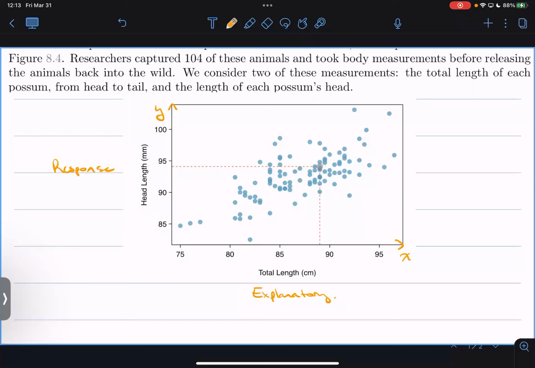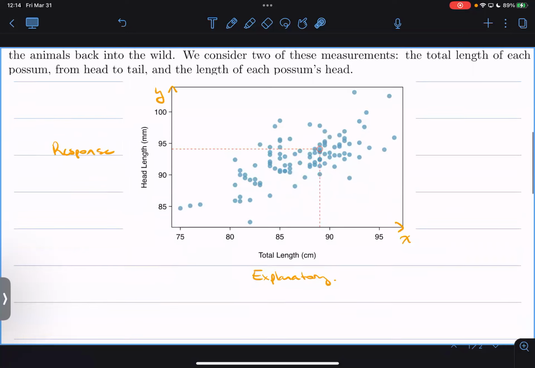But it will be very important to know which one is your X and which one is your Y, because they're going to show up in our formulas. And so then you need to know your X bar, your Y bars, your SX, your SYs, right? Each of these variables is going to have a mean, a standard deviation. We're no strangers to that kind of stuff, right? But you do have to keep them separate and keep them under control.